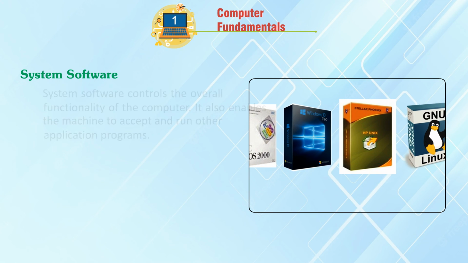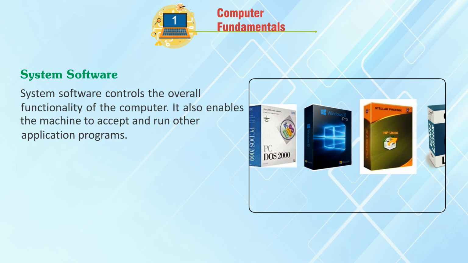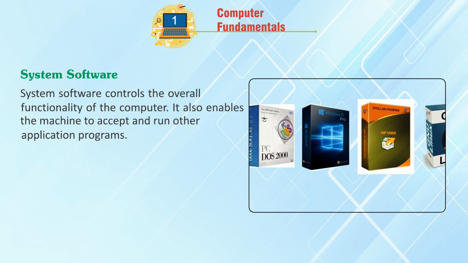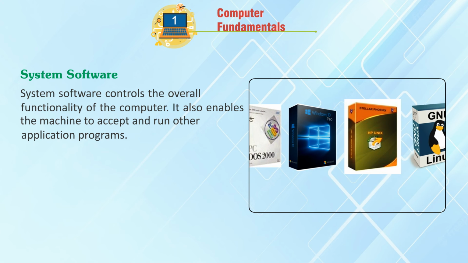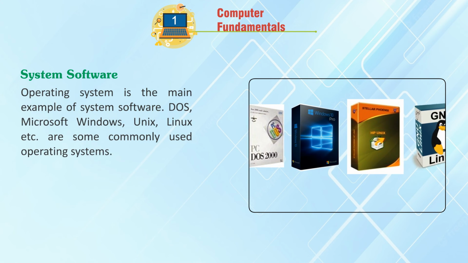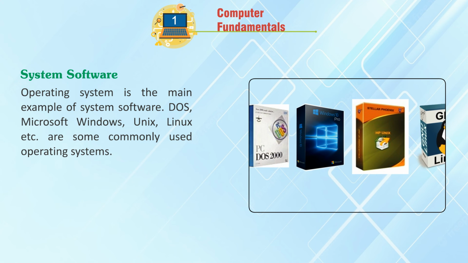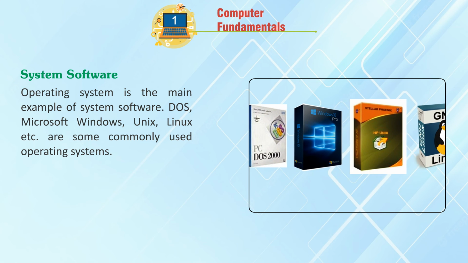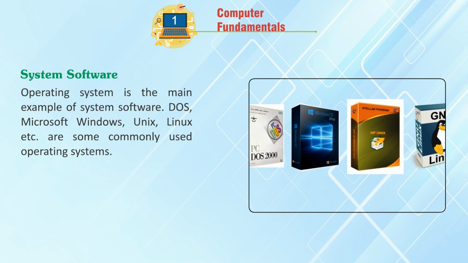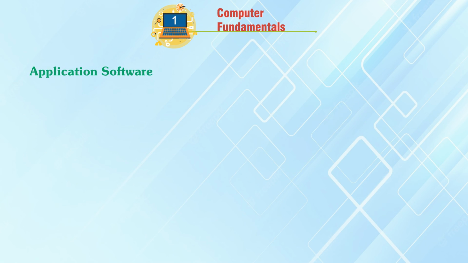System software. System software controls the overall functionality of the computer. It also enables the machine to accept and run other application programs. Operating system is the main example of system software. DOS, Microsoft Windows, Unix, Linux, etc. are some commonly used operating systems.